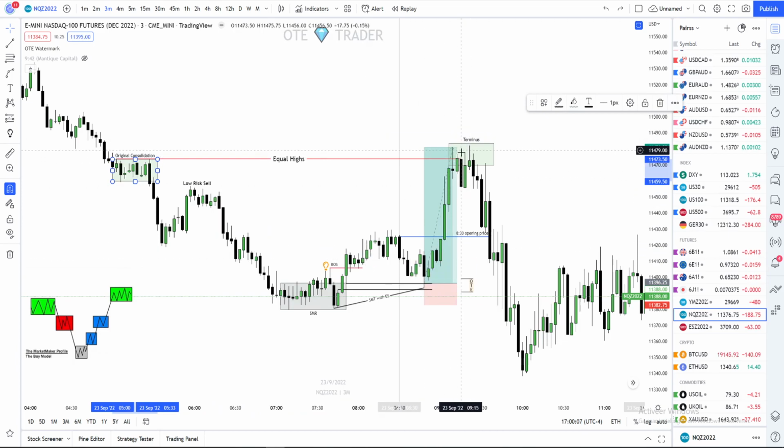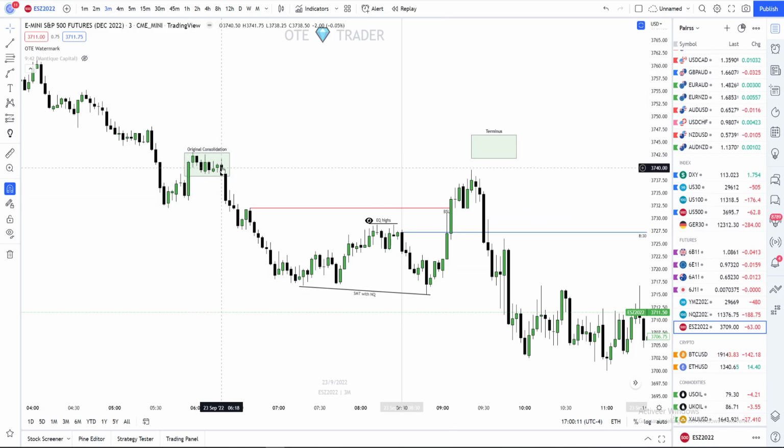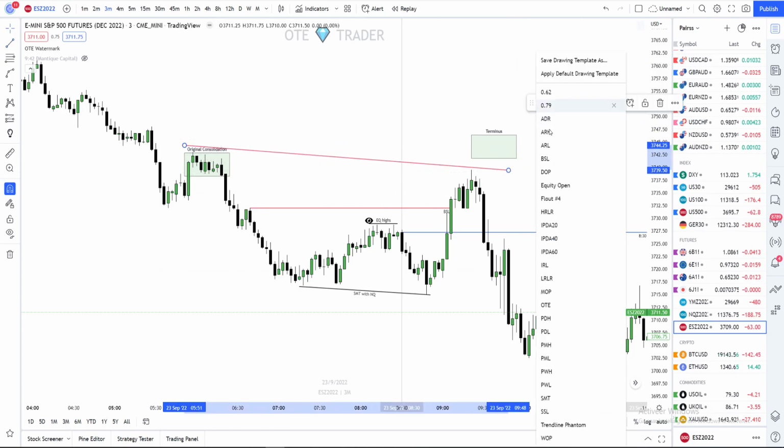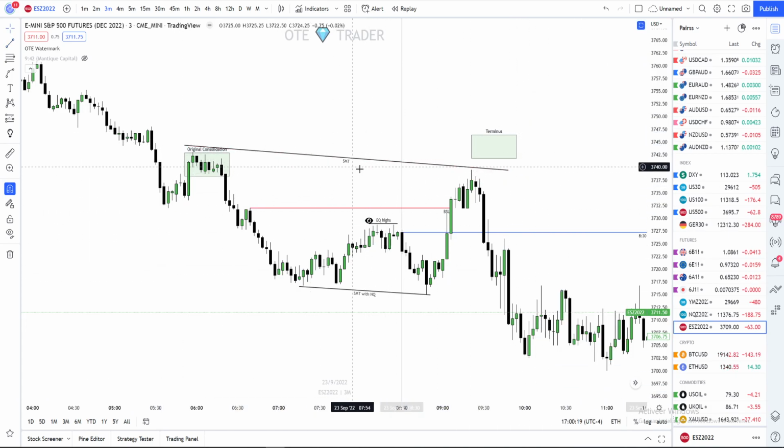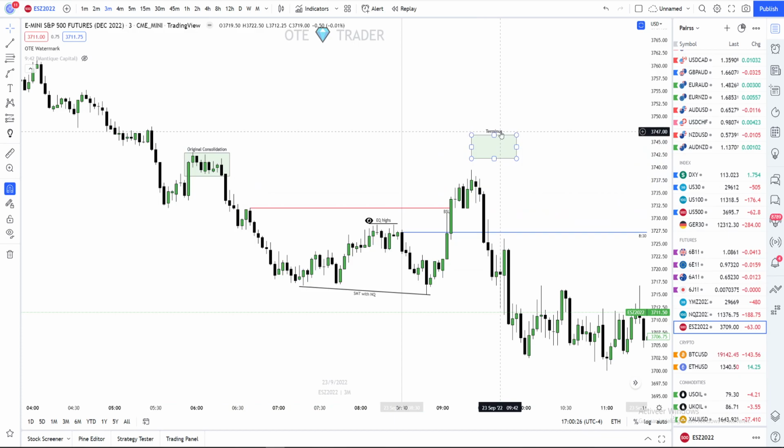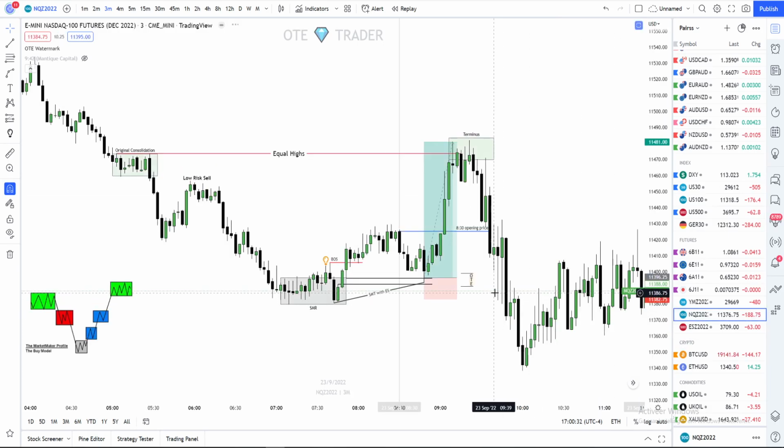This would be the smart money reversal, which is also SMT, because this is the same original consolidation, but we have no terminus over here. So we have SMT on the highs. SMT on the original consolidation means high probability it will not trade above it, and above the 8:30 opening price we can see a trade lower because obviously the whole day was bearish.